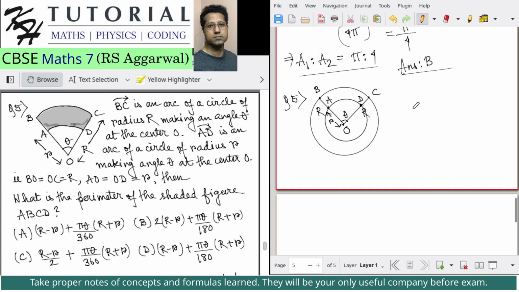Okay. So we have to find the perimeter of the shaded figure. Now, what is the perimeter of the shaded figure?